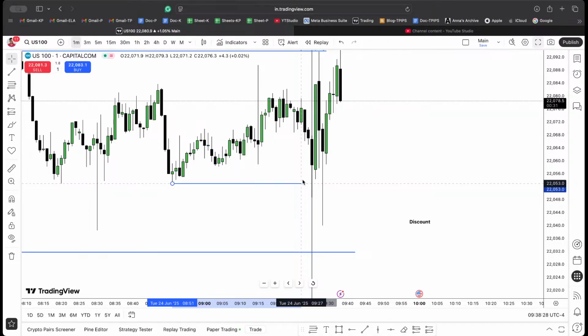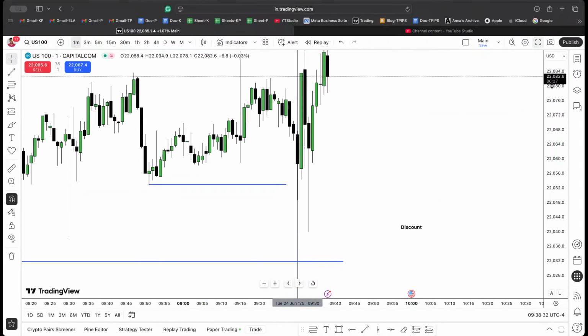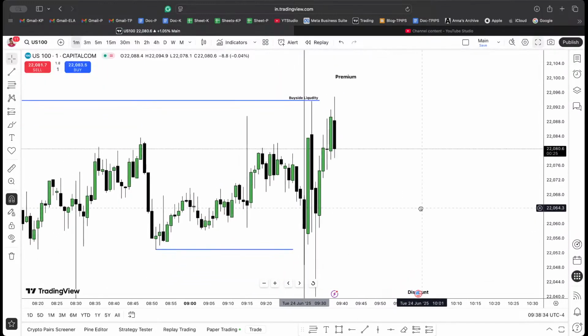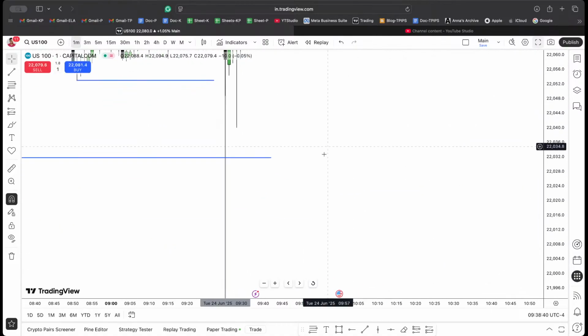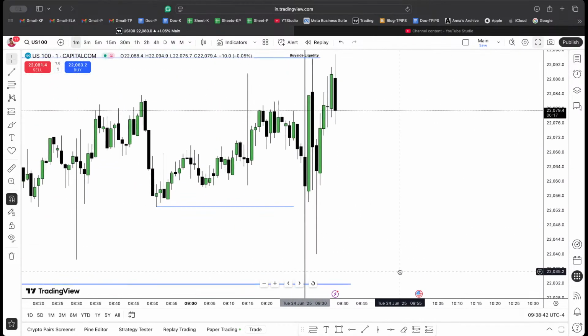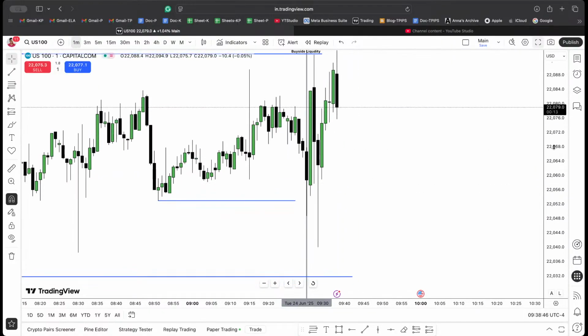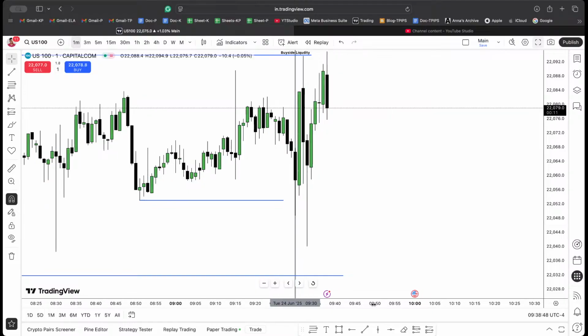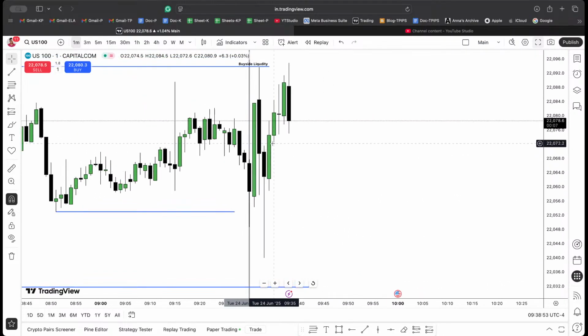But we'll wait for a confirmation on whether we're getting a trade or not. Right now there is a possibility that we can trade out of over here.